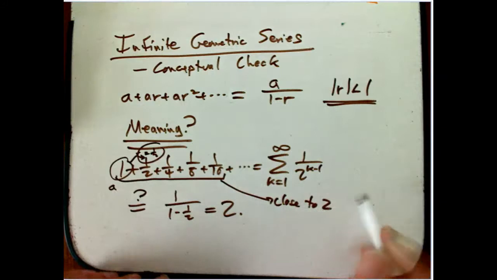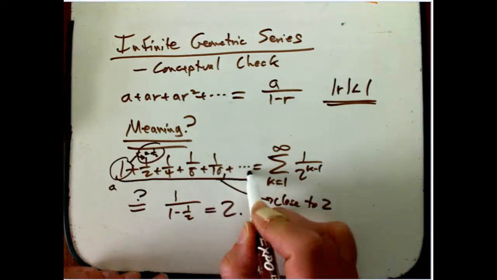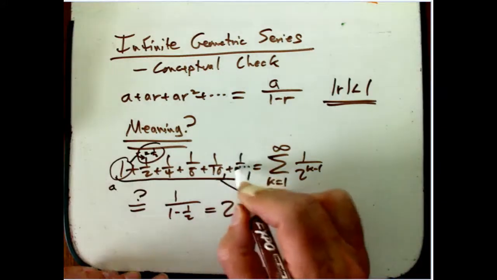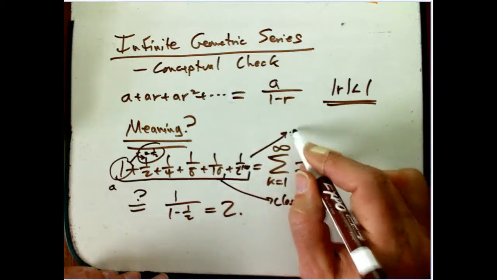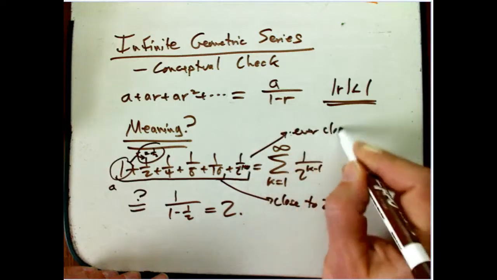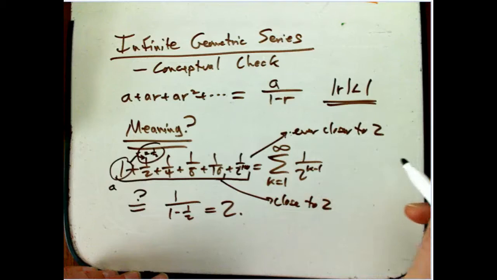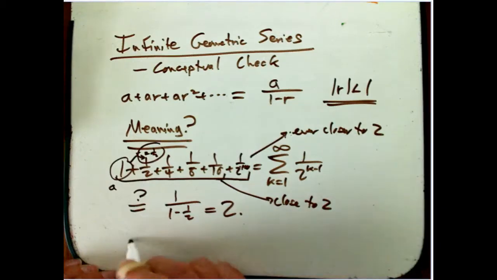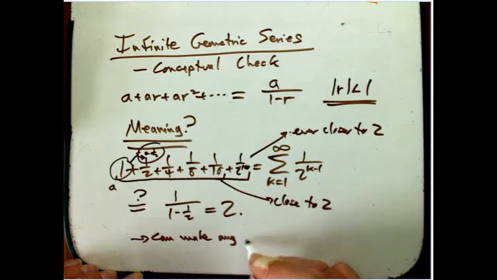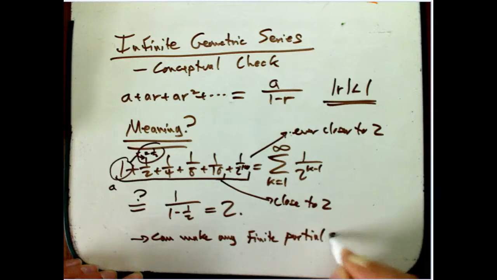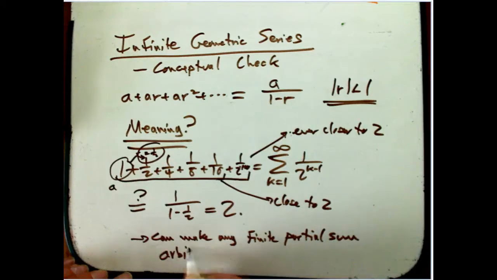That's the first thing. That if you take it further and further and further, way out, like to 1 over 2 to the 100th, you're going to get ever closer to 2. And in particular, you can make any finite partial sum, where you actually do stop and you can actually really sum it in the ordinary way, arbitrarily close to 2.